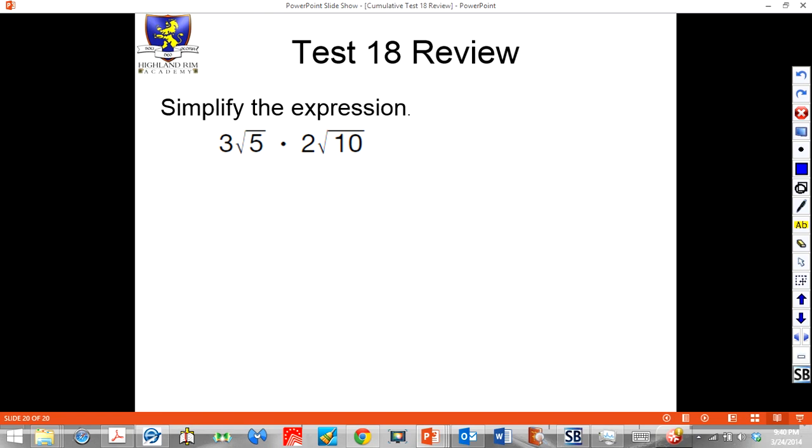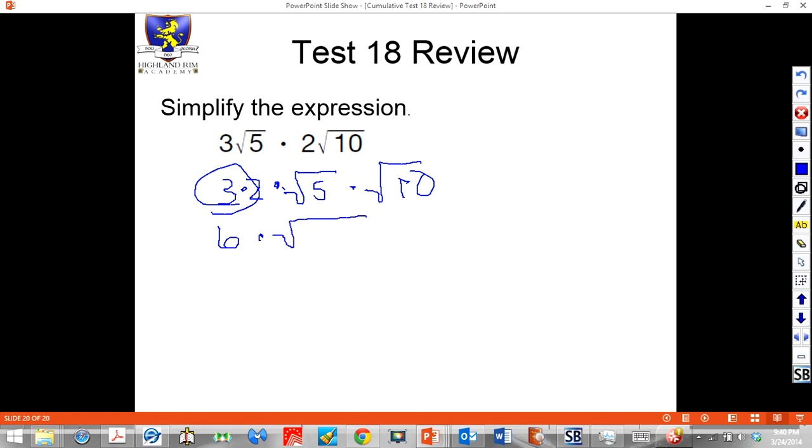Basically, what you have is you have 3 times 2, and you can just times the square root of 5 times the square root of 10. Okay, so what do we do with that? So that becomes 6 times, let's put everything under the radical for now. The square root of 5 times the square root of 10 is the square root of 50.